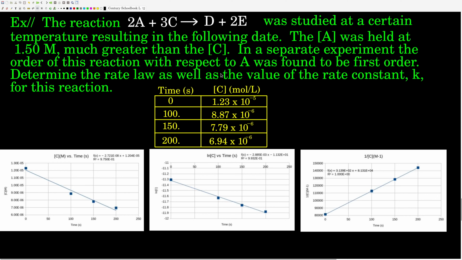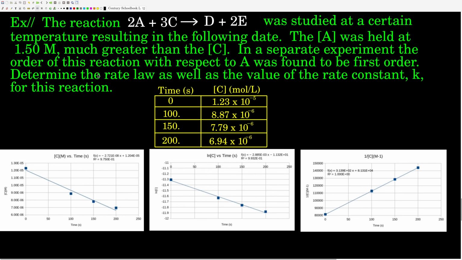And we did another experiment, and we found that the order of this reaction with respect to A is first order. So we already did this for A, and now we're doing it for C.